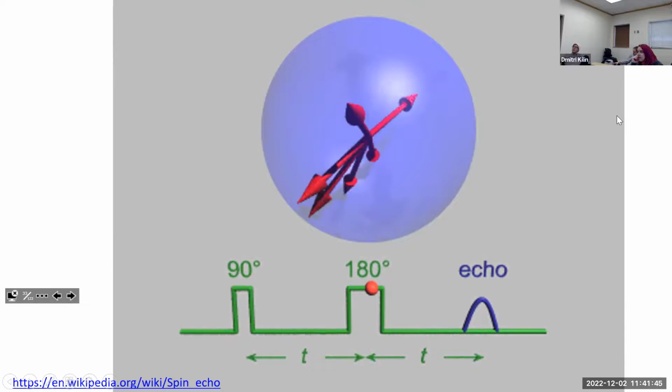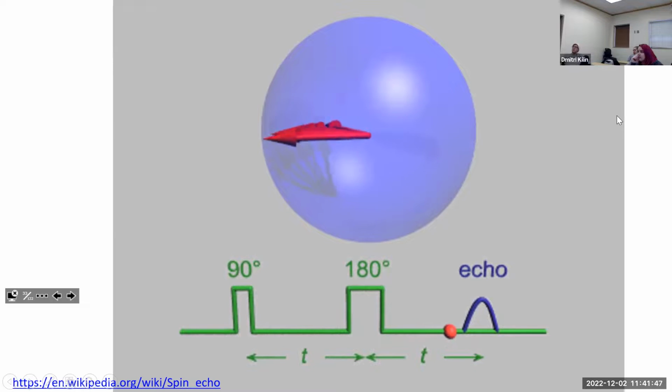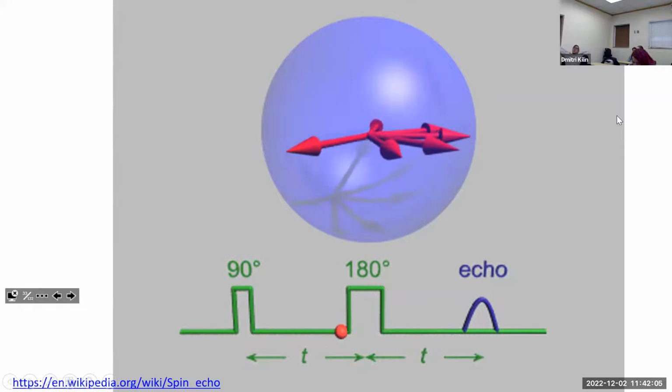What are these 90 and 180 degrees? So when we finish our Monday story, we will see how spin rotates on the equatorial plane. And it will rotate freely without any intervention. But if one applies a radio frequency resonant field, it will go from north to south and back, right?